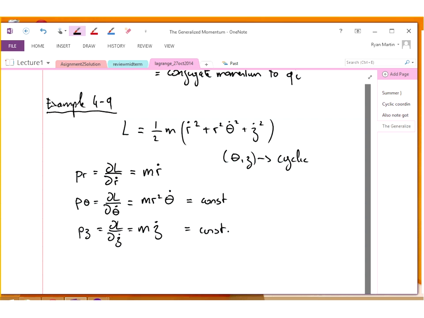So what is p_theta for a single particle?